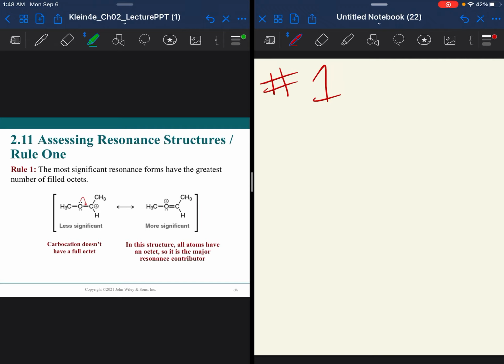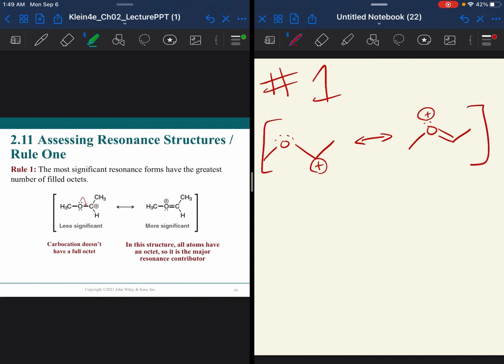So if you have an example, and I'm going to just draw the bond line structure of it here, where we have an oxygen. Okay, let me just start over. Here we have an oxygen with 2 lone pairs and a carbon with a plus charge. We also have a resonance structure where there is a double bond and the plus charge is on the oxygen.